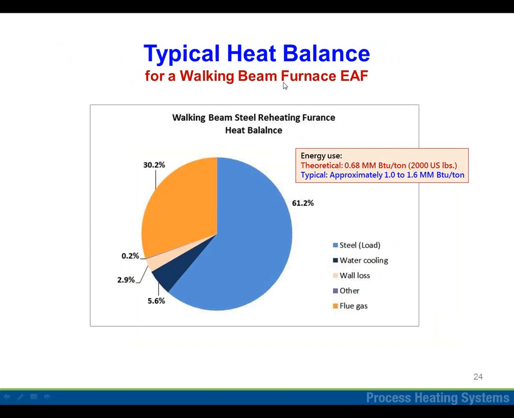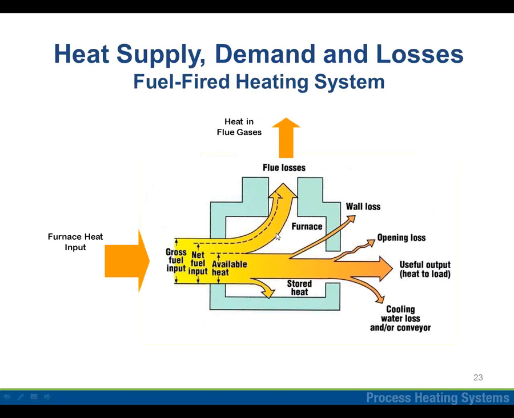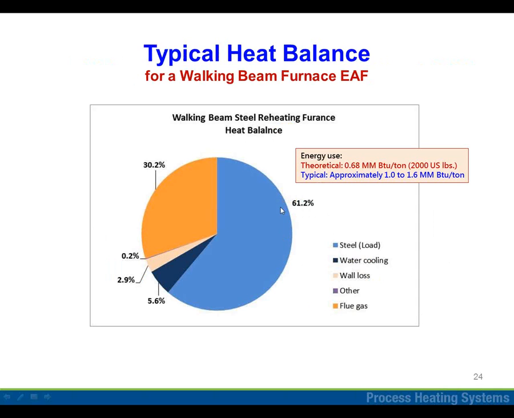Here is a typical heat balance for a walking beam furnace, a walking beam steel reheating furnace. Along with the Sankey diagram, the FAST tool also provides you this kind of pie chart.